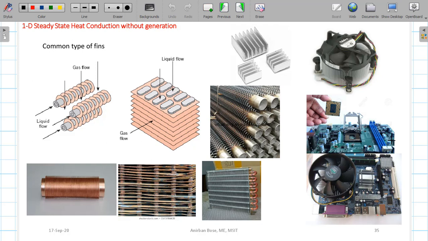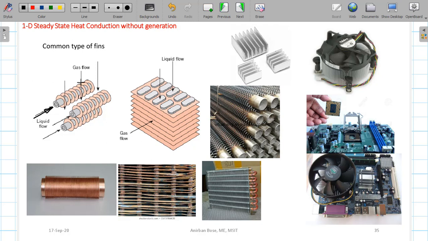Here you can see some practical applications of fins. Here you can see that liquid is flowing through the tubes, and outside the tubes you can see annular fins. These are nothing but extended surfaces to enhance the heat transfer from this fluid to the outside gas.